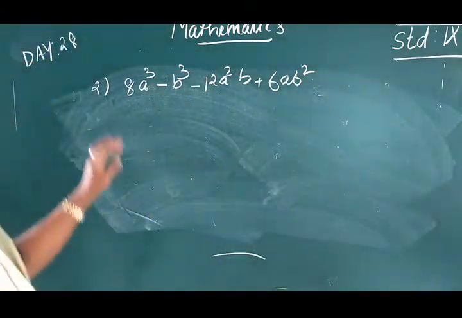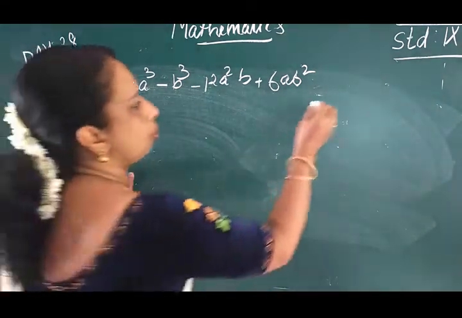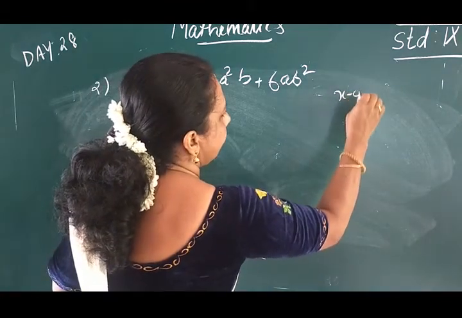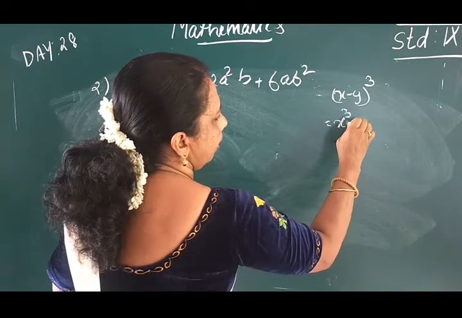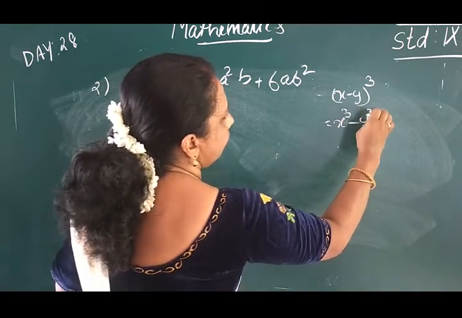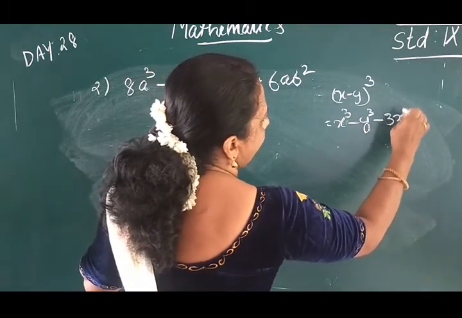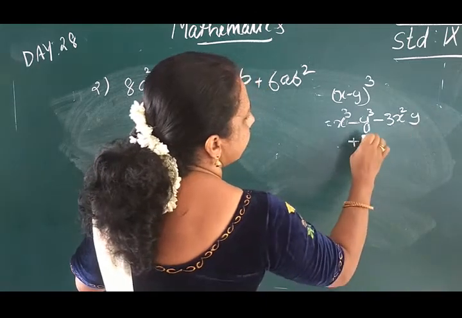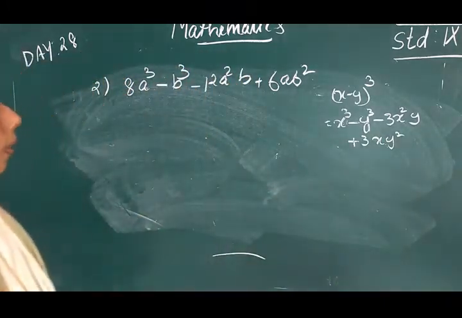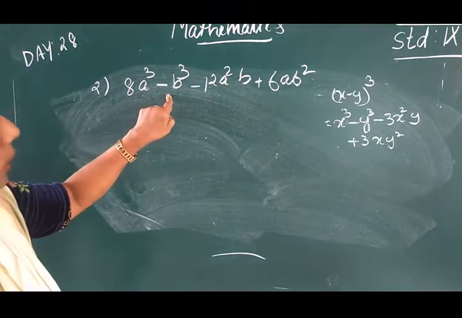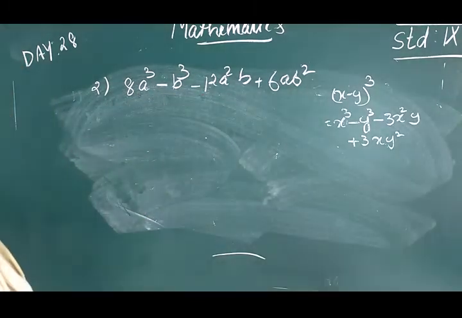Then, and the cube terms are here, so we have to use the identity x minus y the whole cube. What is this expansion? x cube minus y cube minus 3x square y plus 3xy square. Here the form x cube minus y cube minus 3x square y plus 3xy square is present.